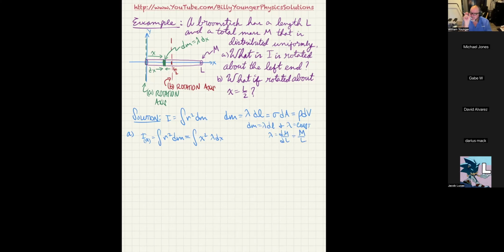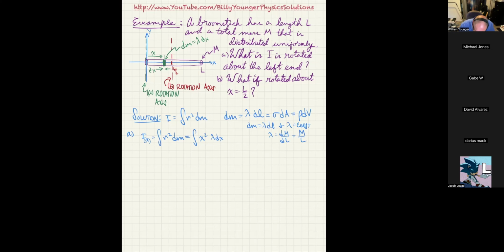So even if I took the little differential mass dm and divided it by the little differential length dl, I'd get the same thing as taking the whole mass m and dividing it by the whole length l. So that's why I could just write it as m over l.